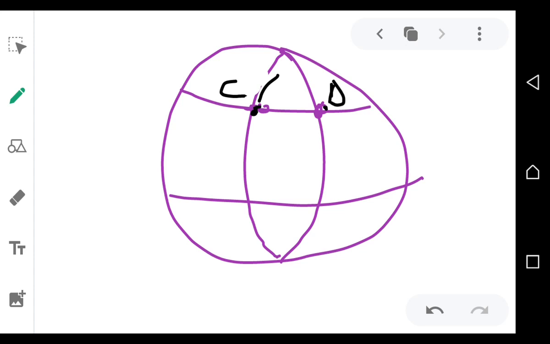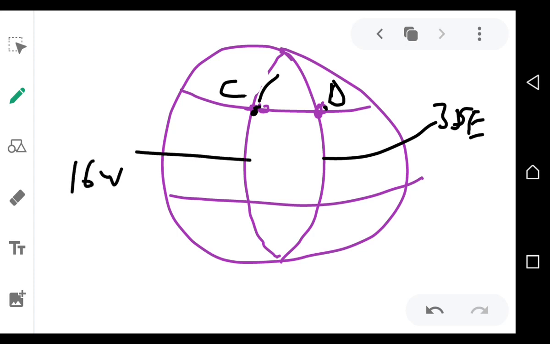Okay. So this longitude is 35 east, and this one is 16 west.